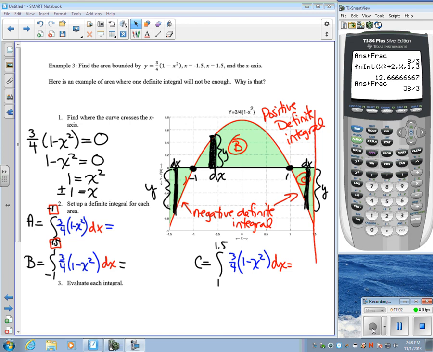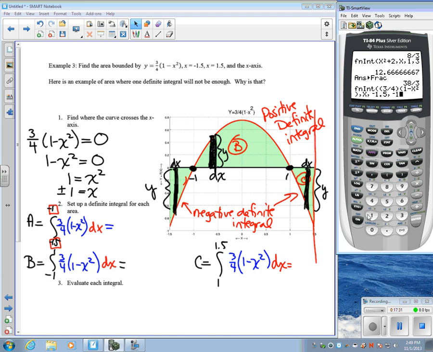I know that you could do it by yourselves, but I'm going to try and show you sort of a faster way. So we go into fnInt again, and what I'm going to do is I'm going to do 3/4 times my (1 minus x squared). And again, I'm using the variable x, and I'm going from -1.5 to -1.